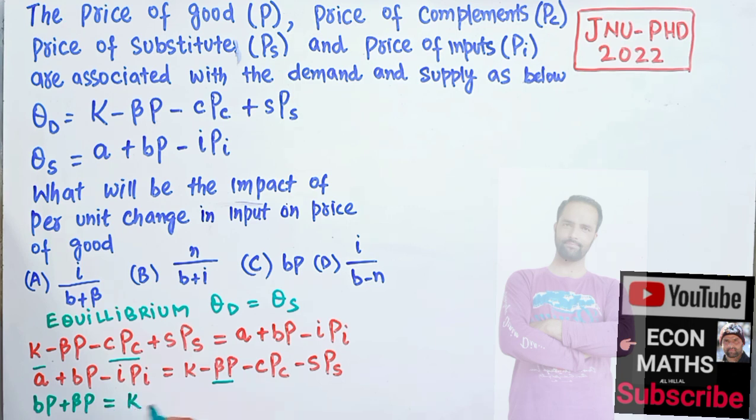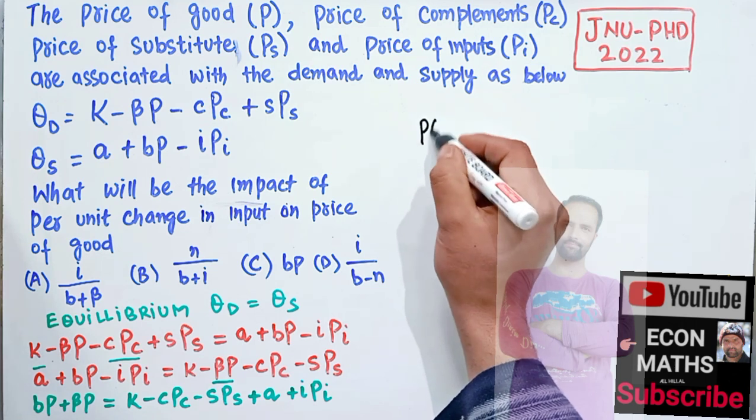Okay, so I can write BP, transposing this, it will become plus beta P is equal to, we have K minus C PC minus S PS. Now transposing this A here and this I PI, it will become plus I times PI. Okay, after that we can take P common here.